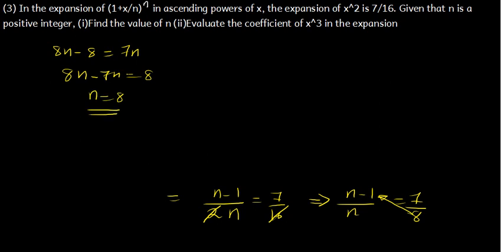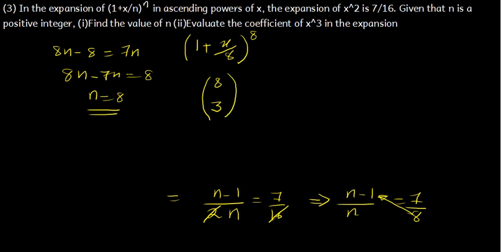And so that means the expansion is 1 plus x over 8, where there is n, I put 8, and then the power is also n, that is 8. Now I want to evaluate the coefficient of x to the power 3 in the expansion. So for us to evaluate the coefficient of x to the power 3, the power here is 8, and then we want to have something to the power 3, so we need to put a 3 here.